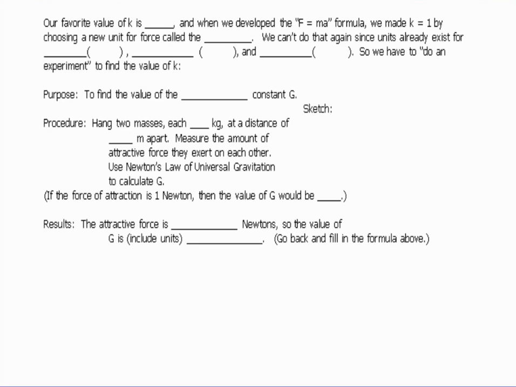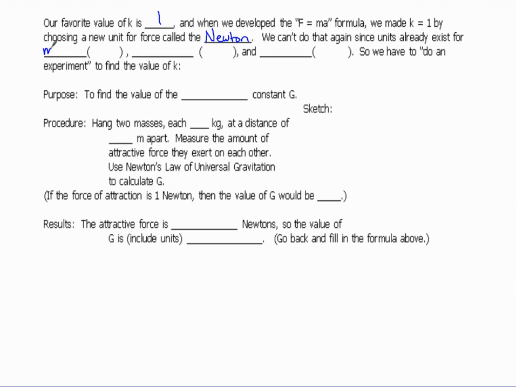So then there's K. Our favorite value for K is 1, and when we developed the F equals ma formula, we made K equals 1 by choosing a new unit for force called the Newton. We can't do that again since the units already exist.